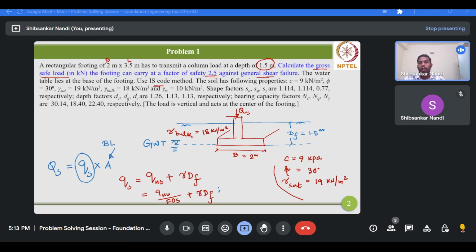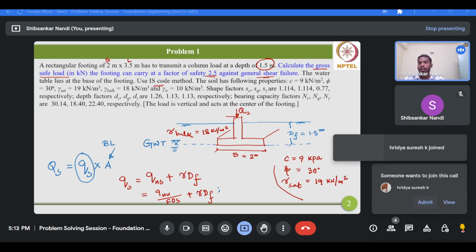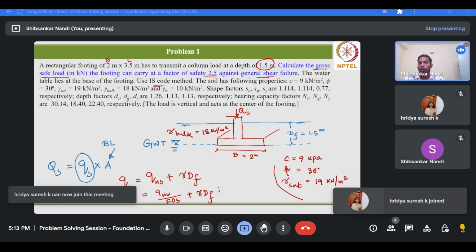We can draw a conclusion regarding the mode of failure depending on the degree of denseness or the angle of internal friction for purely cohesionless soil, and depending on the stress strain characteristics of the soil mass for cohesive frictional soil.